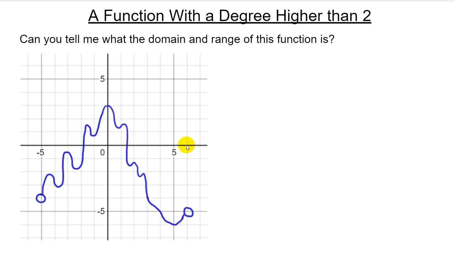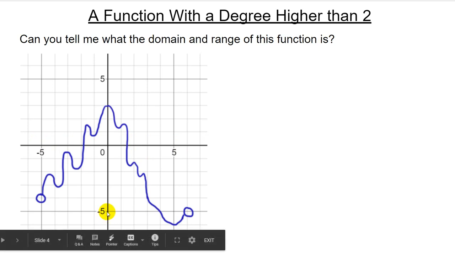Our range in this case is going to be interesting. It's going to come all the way down here, so our range consists of all these values here. It's going to go from -6 all the way to 3. So -6 less than or equal to y is less than or equal to 3.